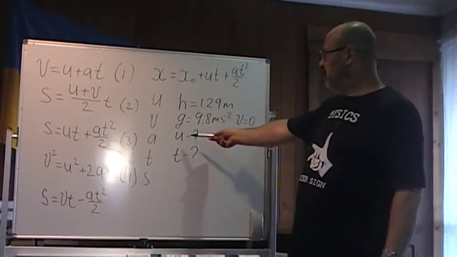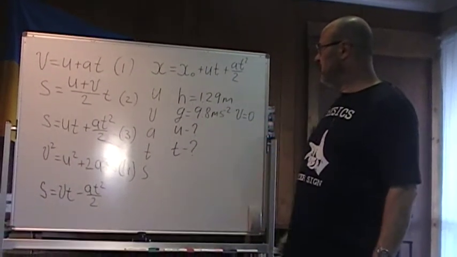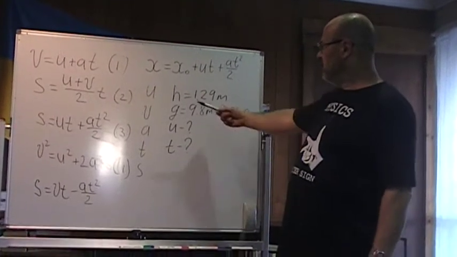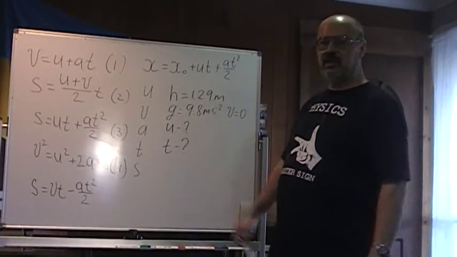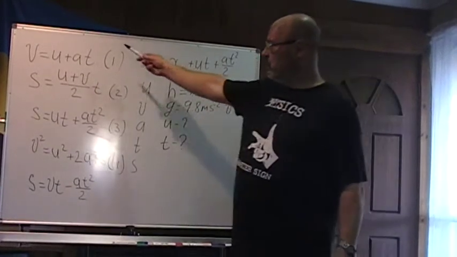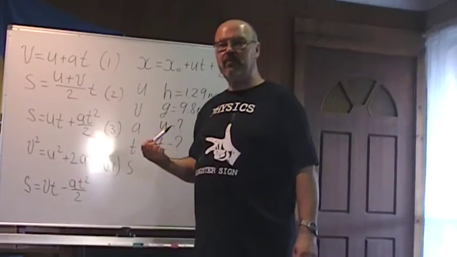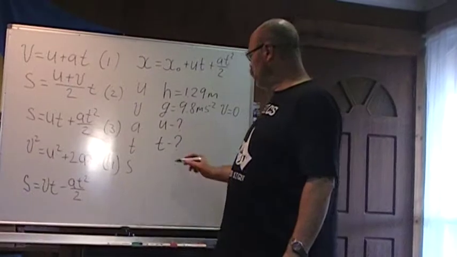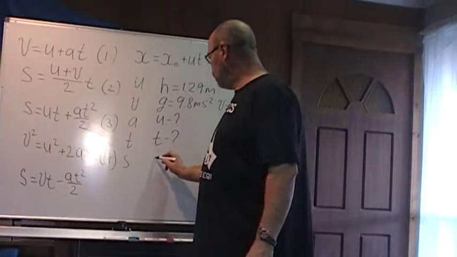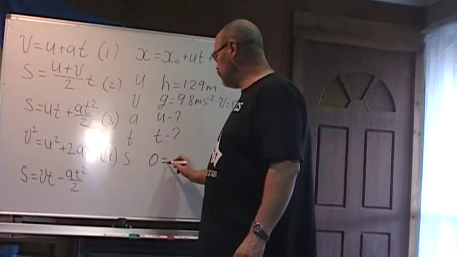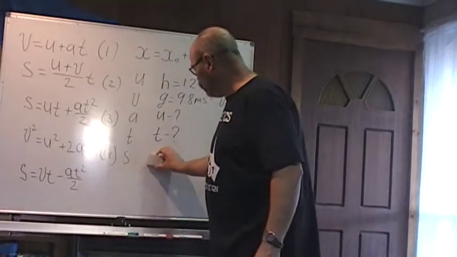So to find initial velocity, if we know final velocity, acceleration and displacement, we look through those formulas. Formula number 4 connects them. So we have 0 as final velocity. I will first solve it in general.